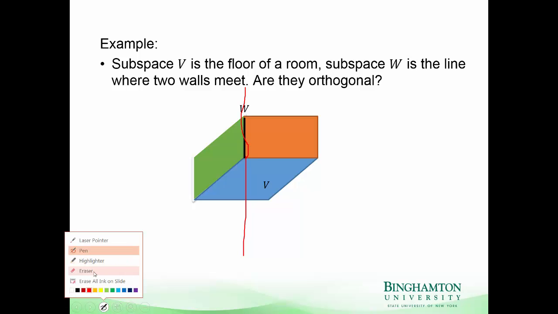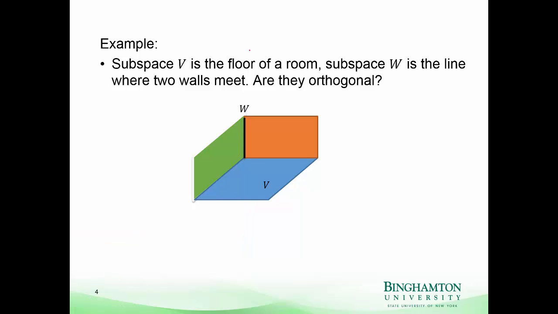What we really should think about is this line that comes down like this to here, goes through the floor of V, and then comes out underneath down below. So W is the line, V is this plane, and those are orthogonal subspaces.